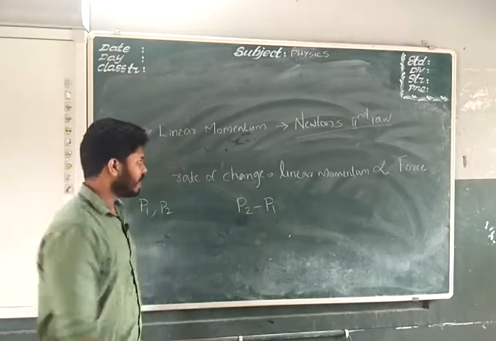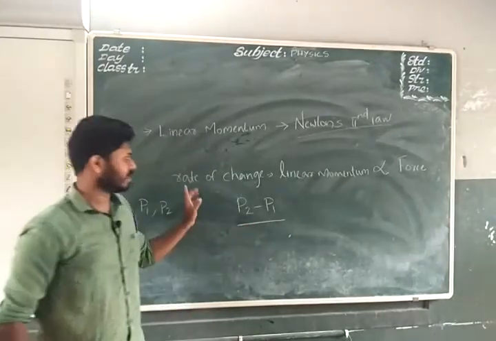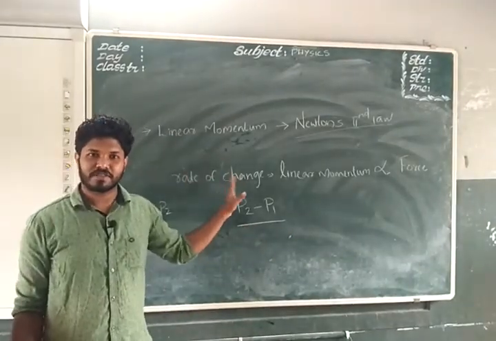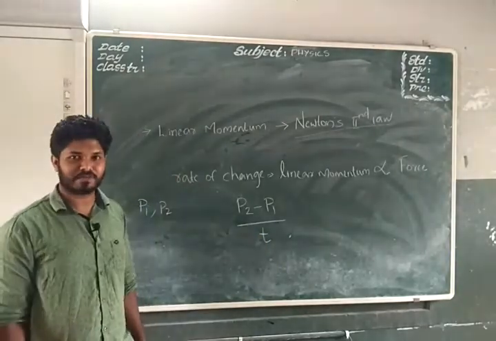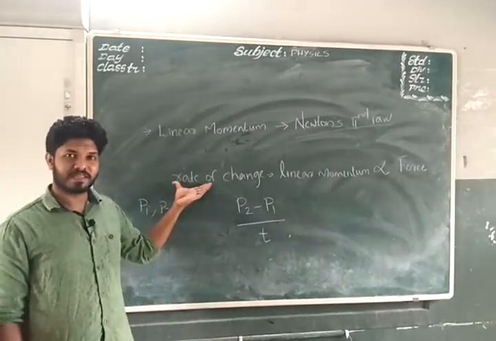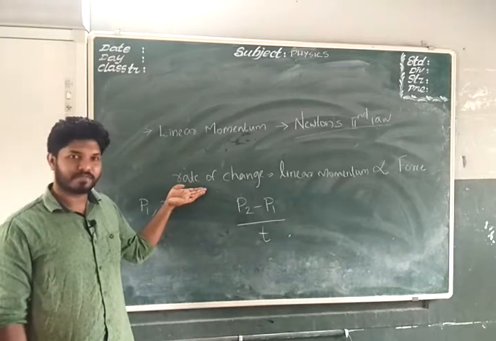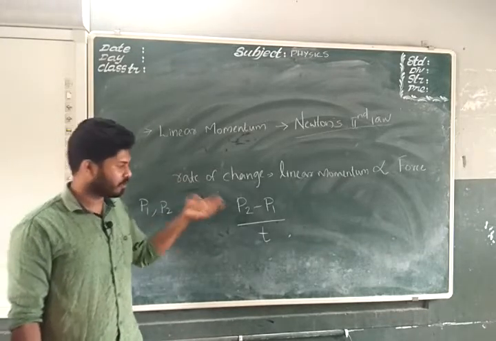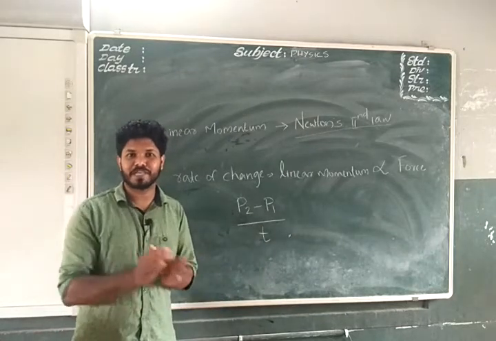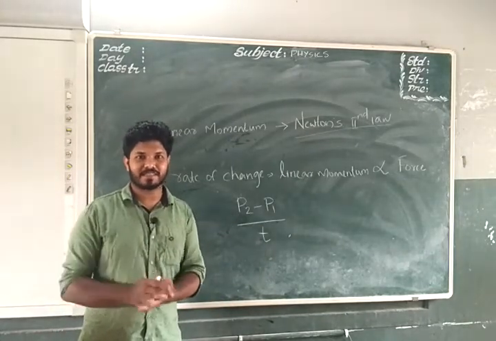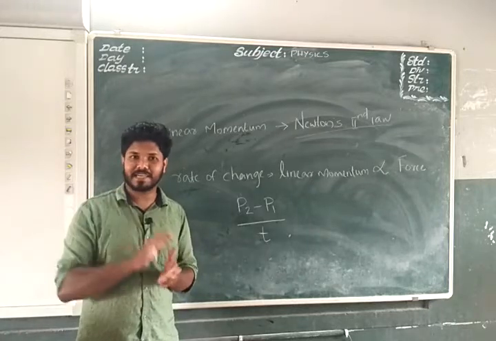Okay, fine. And whenever we see rate of change, there will be the application of time, the presence of time. Wherever we see the equation in the definition, if there is rate, there will be division by t. Rate of change of velocity, v minus u by t, gives acceleration, isn't it? There also you can see a t.